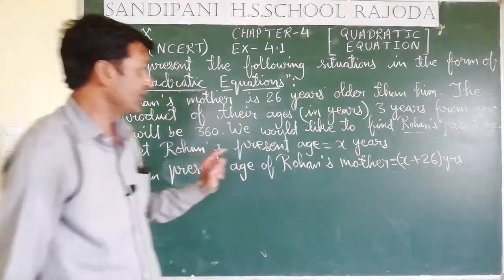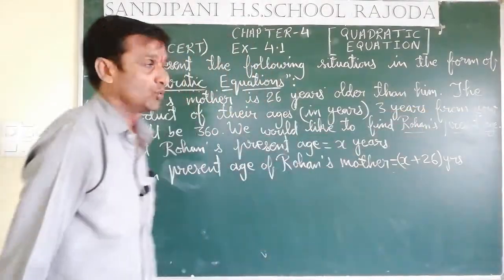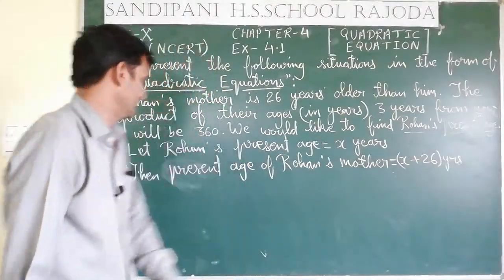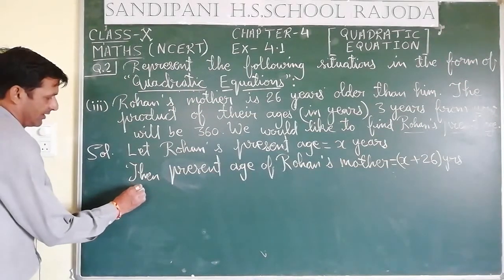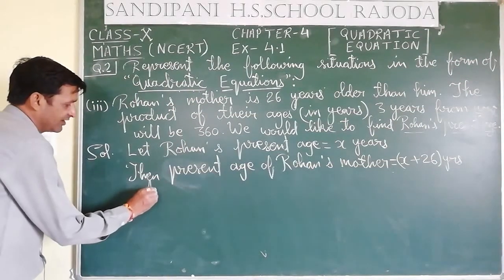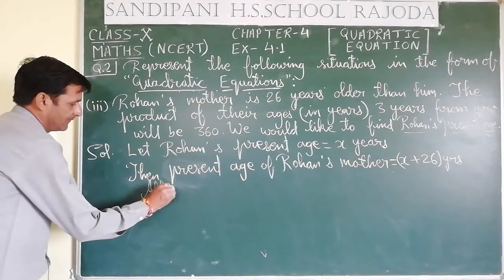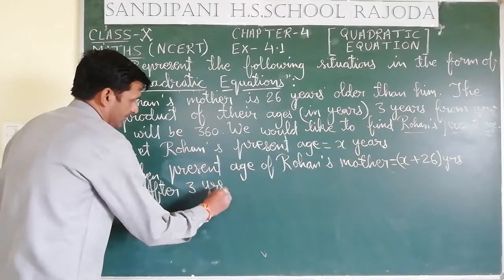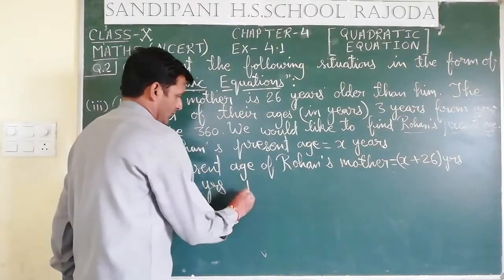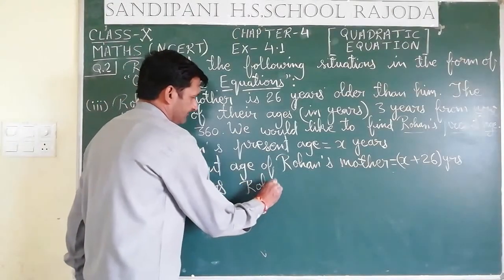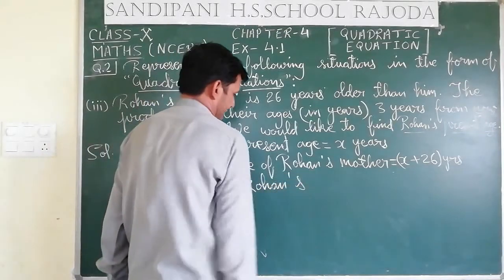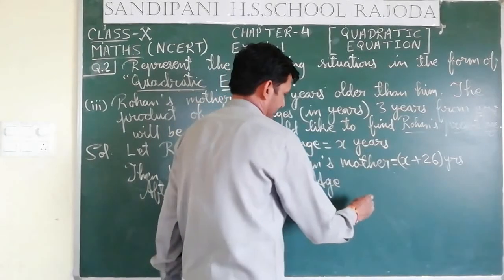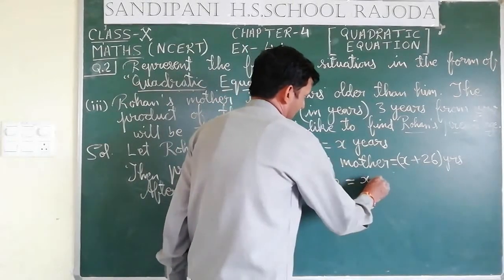The required condition is 3 years from now. So 3 years from now means we have to add 3 in it. So we have to write here after 3 years Rohan's age is equal to x plus 3.